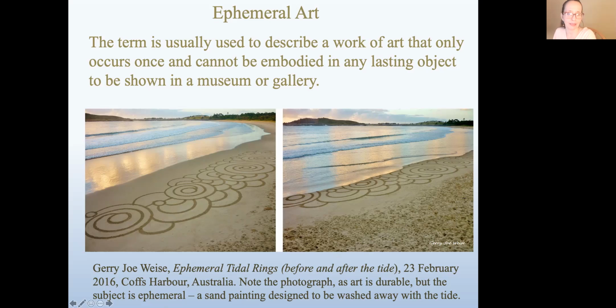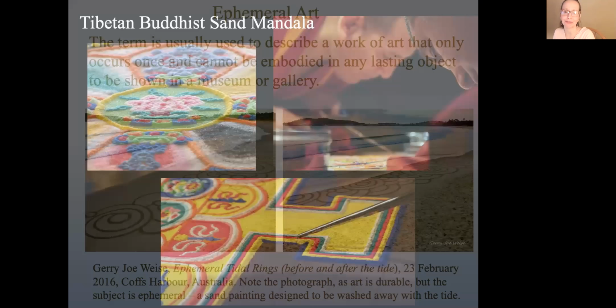And that is the intent of the artist, that they would appear and then be washed away with the tides. It's a very potent expression of a poetry of impermanence, to say the least. If we wanted to know more about this artist's intentions, we would do some research, but we know it's ephemeral.